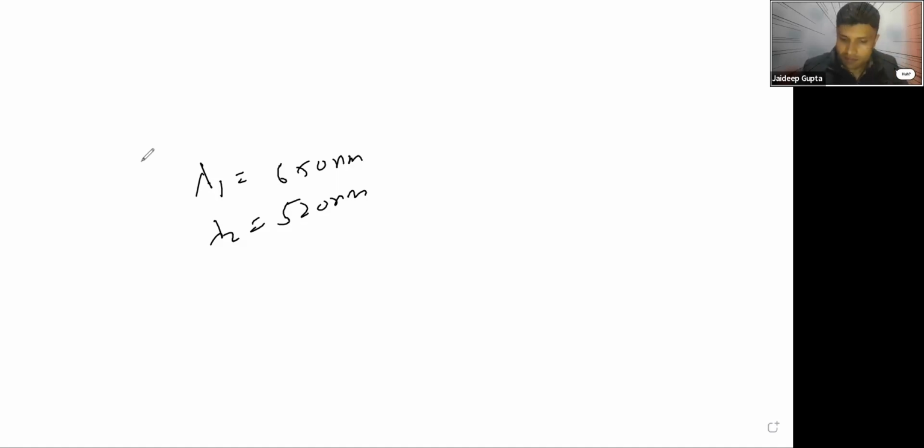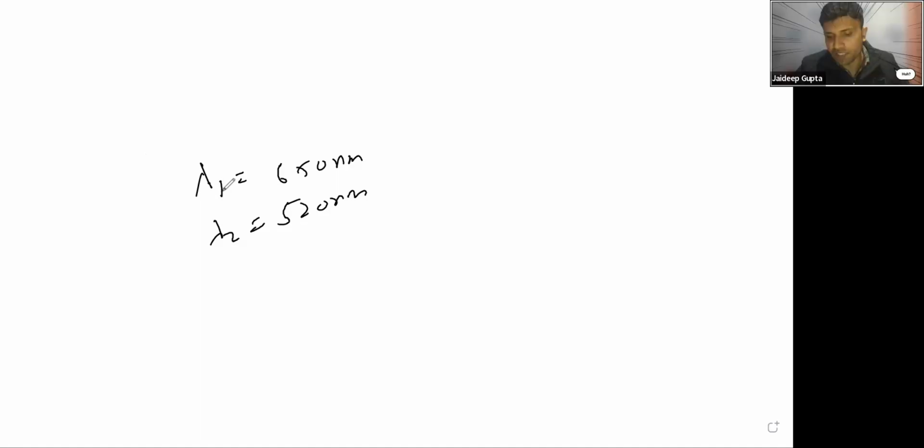Sure, sir. Now, the question: a beam of light consisting of two wavelengths, 650 nanometer and 520 nanometer, is used to obtain interference fringes in YDSE.